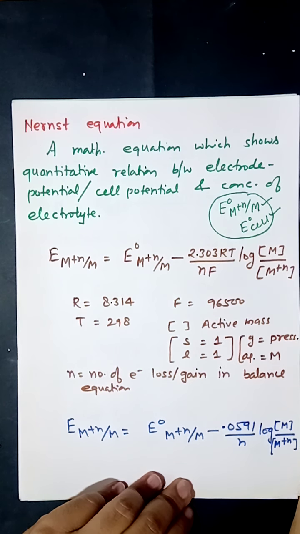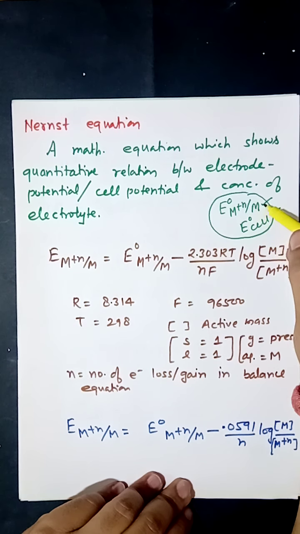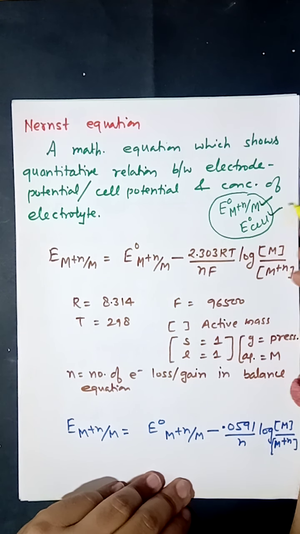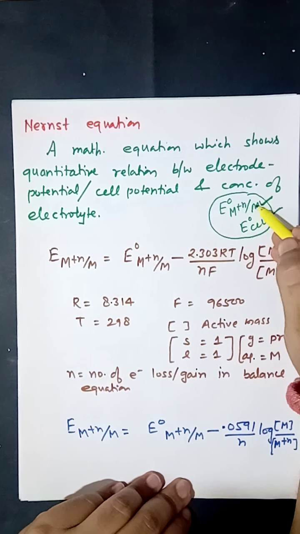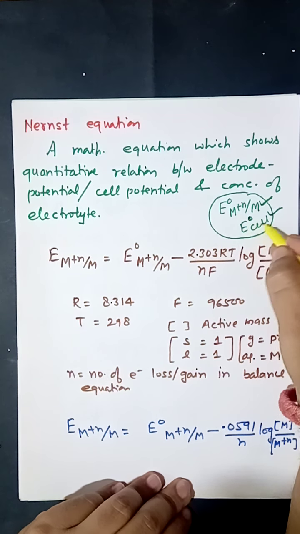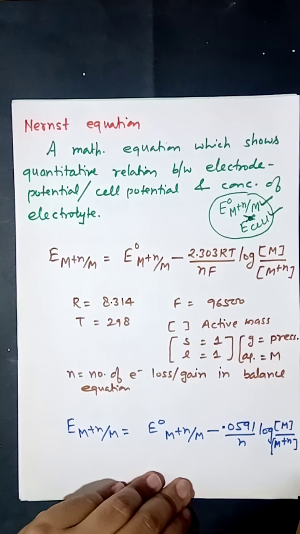Standard means the temperature is 298 K, the pressure is 1 bar, and the third property, the concentration of solution, is 1 mole per liter. Now suppose the concentrations are not standard, then in place of standard electrode potential we say electrode potential, and similarly in place of standard cell potential we say only cell potential.